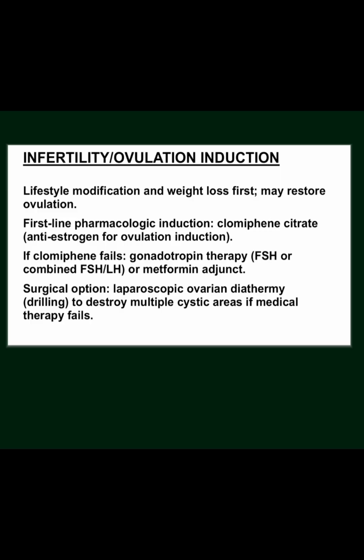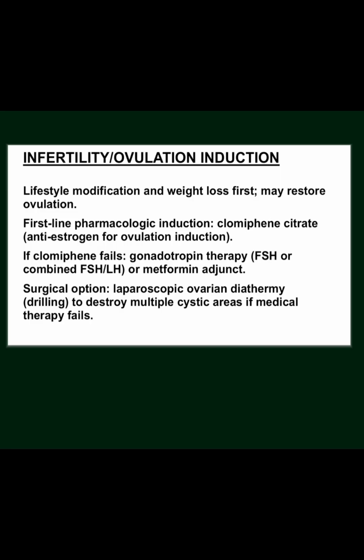Okay, just to consolidate on the infertility and ovulation induction, lifestyle modification and weight loss may restore ovulation. So before you go into pharmacological, you can advise for the weight loss and also lifestyle modifications. You can also put them on pharmacological induction via clomiphene citrate, okay, which is just an anti-estrogen for ovulation induction. If clomiphene citrate fails, you put them on a gonadotrophin therapy, okay, FSH or both combined FSH and LH, okay, or a metformin adjunct, okay.